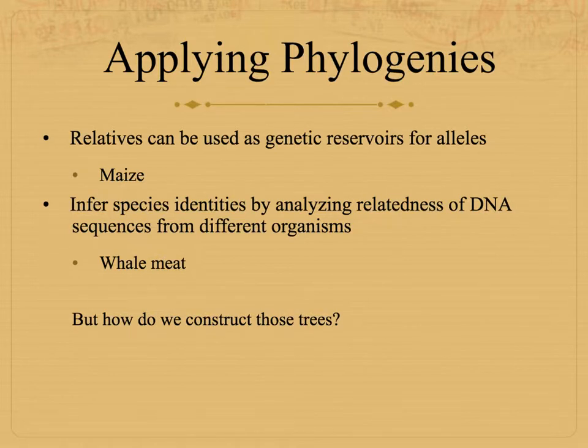So an example of that is maize or corn. Very long time ago, corn used to be called teosinte, and it was actually not very appetizing at all.